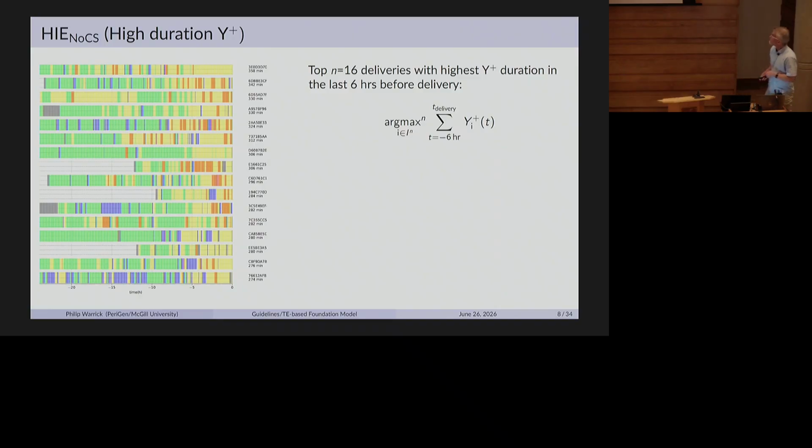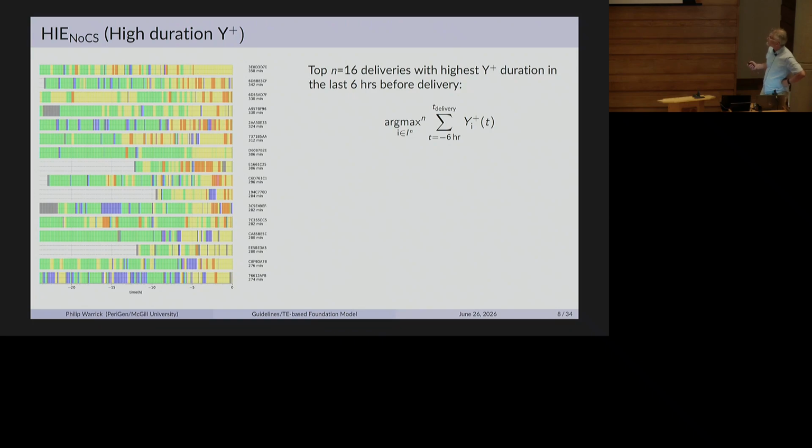So first of all, what do we see when we apply the 5-tier system to the HIE cases that had no C-section? What the highest duration, yellow or greater, in the last 6 hours looks like. We have what you would expect. I'm showing the last 24 hours of data if it's available, although we do go back, as Rob said, as far as 72 hours.